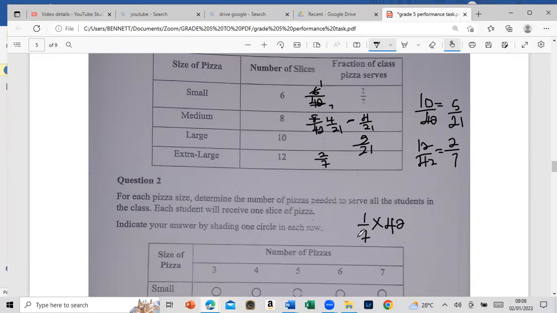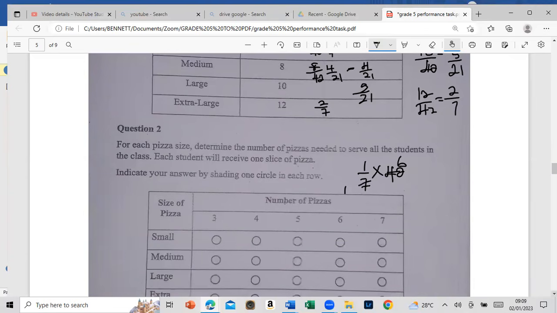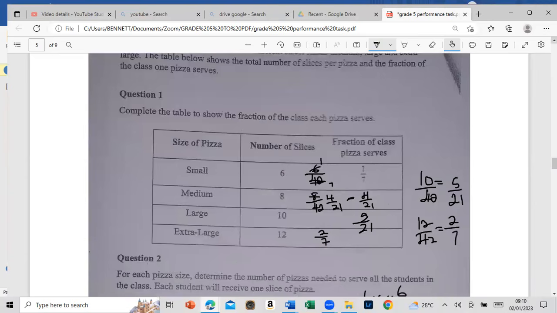So 6 pizza, right? And it makes sense because 6 pizza each has how many slices? Was it 7? No, it says number of slices are 6.